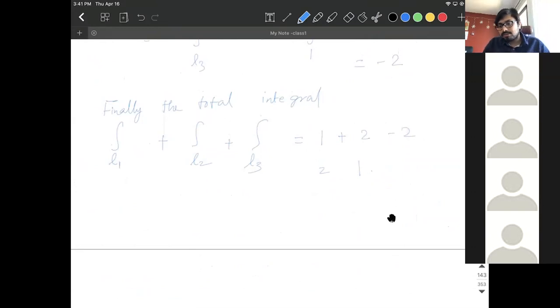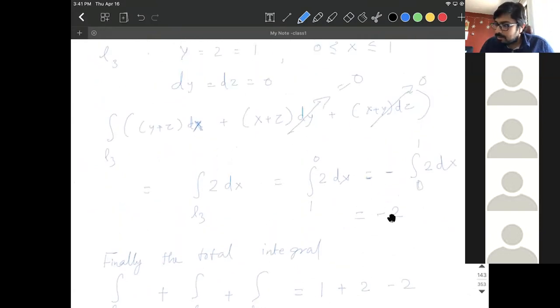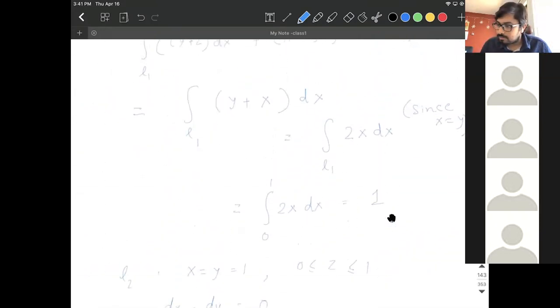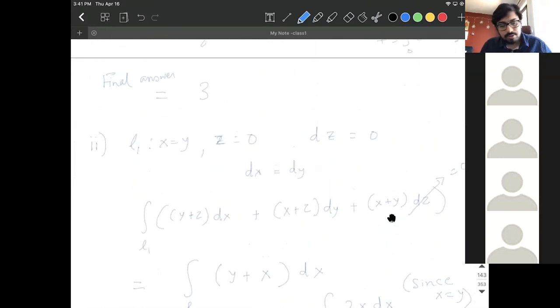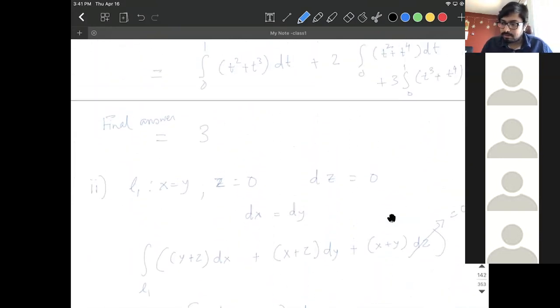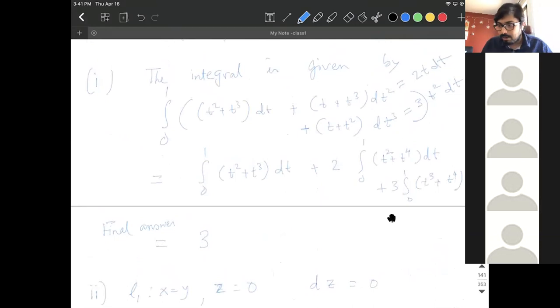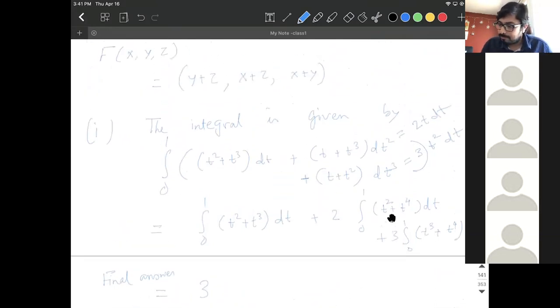So sometimes paths can be given a little bit more geometrically in this way, and you have to figure out how. So always imagine a particle moving from position A to position B, and you have to keep in mind how the particle moves.